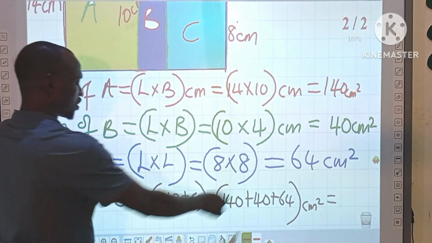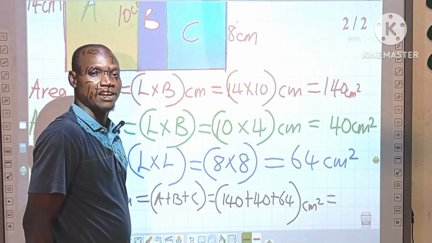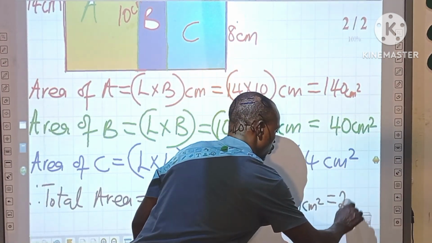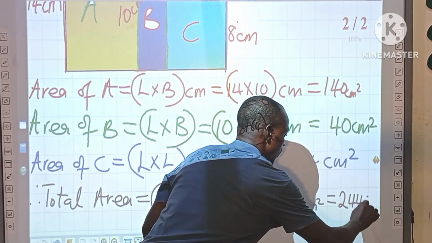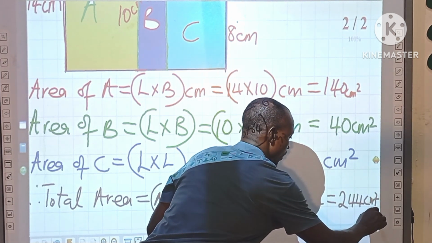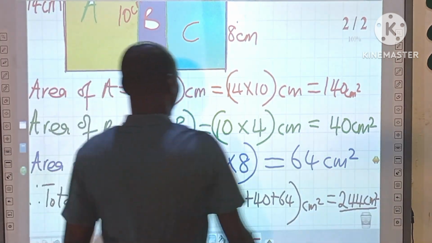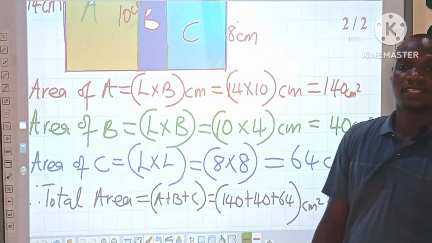What will that give to us? 140 plus 64 give us 204. 204 plus 40 will give us 244 cm squared. That's our final answer. So the answer to this question is 244 centimeters squared.